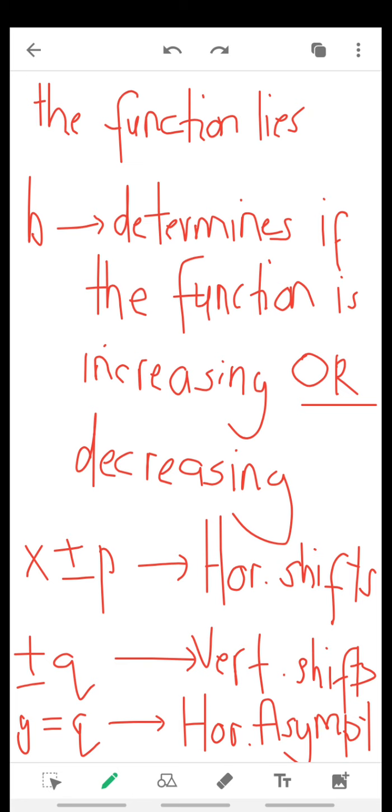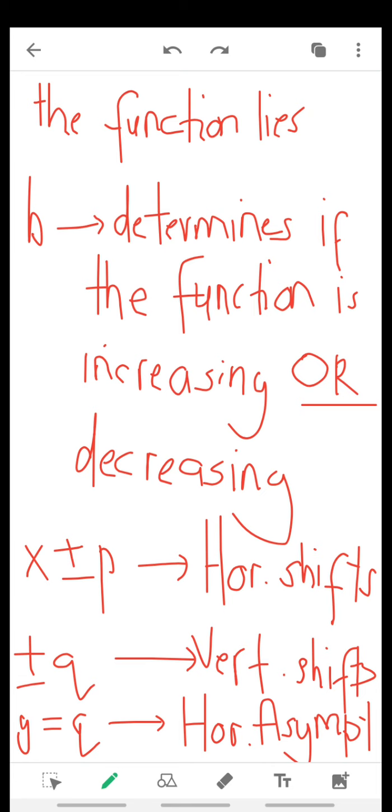Then where a function is decreasing, as the x values are getting bigger, the y values are getting smaller. So where x and y do the same thing, we get an increasing function. Where x and y do the opposite, we get a decreasing function.